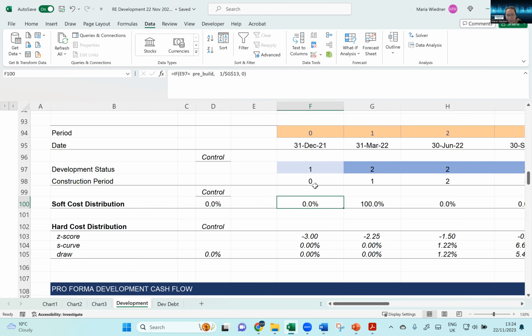But the idea here is, what is the IRR doing, and what is going to be the impact of your finance, or if there are delays here.